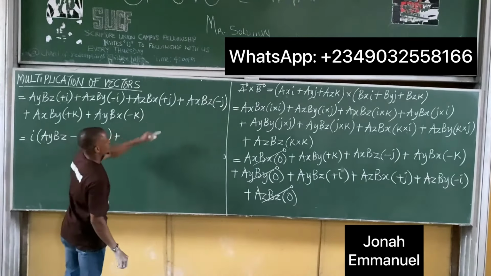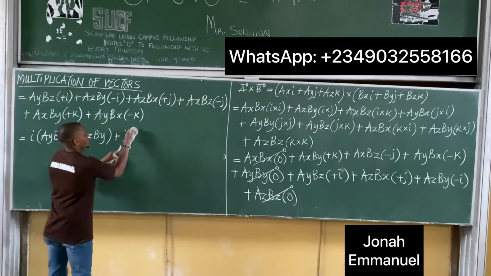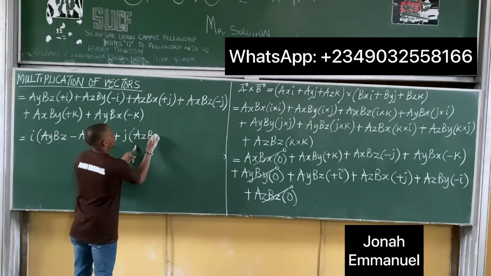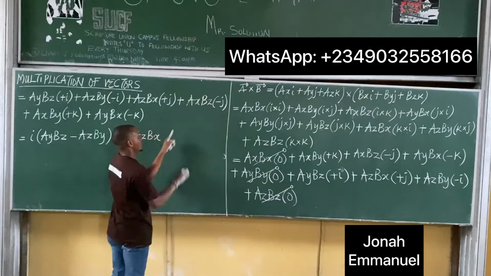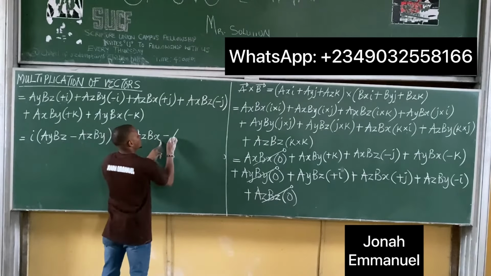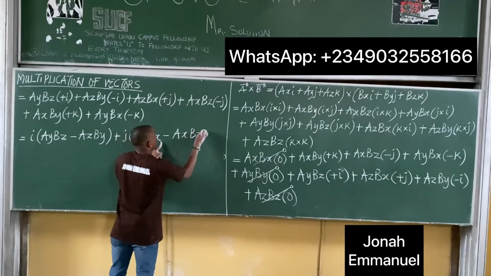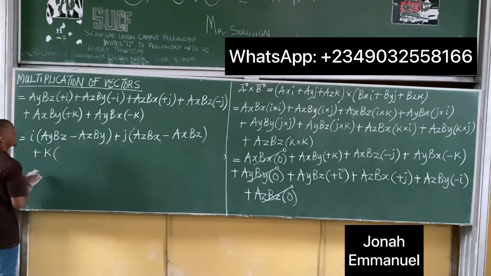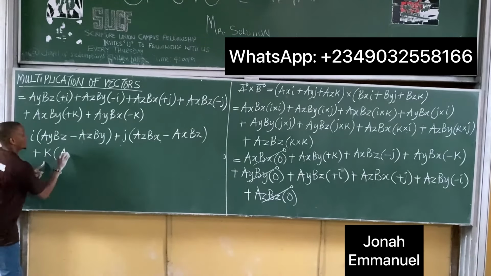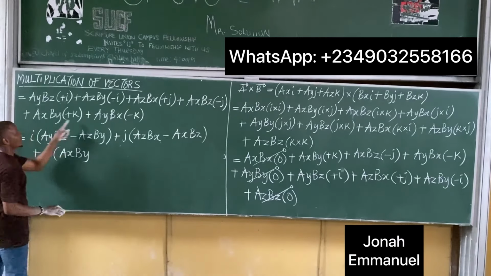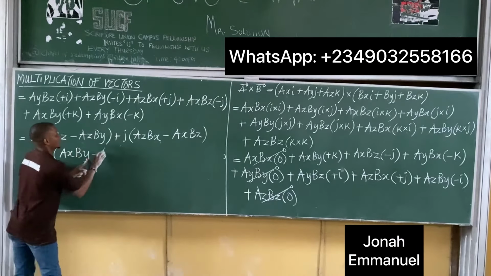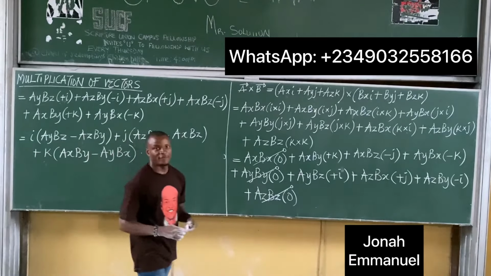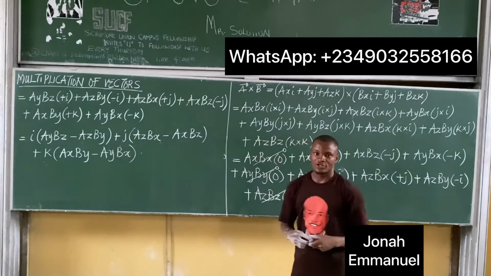Plus, same thing here for j, take the j outside, becomes j into, I'm having here as AZBX, I'm having minus with this, so I'm leaving the minus with this, so minus AXBZ, I have it. Finally, plus k, so plus k into the same thing here, I'm having AXBY minus this here, minus AYBX. So this becomes the formula for cross product of two vectors.